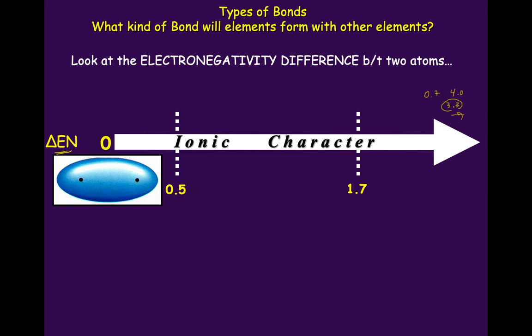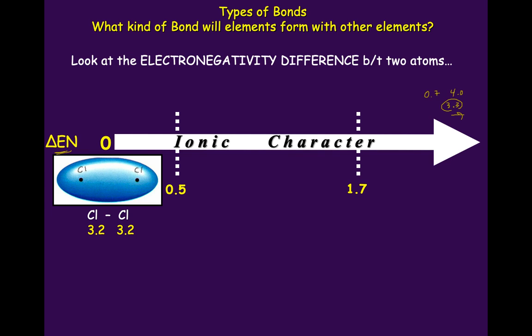All right, so the first thing is what happens if you have very little electronegativity difference. We're going to use chlorine as an example. If you had two chlorine atoms bonded together, so this would be a chlorine nucleus, and this would be a chlorine nucleus. When you bond two elements together that are exactly the same, they're going to have exactly the same electronegativity.